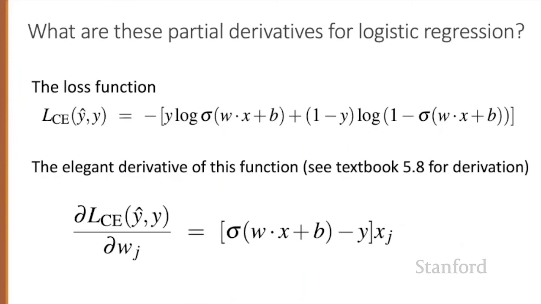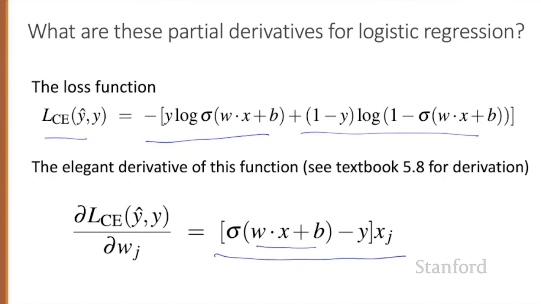In order to update theta, we need a definition for that gradient. And recall that for logistic regression, the cross entropy loss function is negative y log sigma of wx plus b, plus 1 minus y log of 1 minus sigma of wx plus b. Now it happens that the very elegant derivative of this function is simply sigma of wx plus b minus the true y, all times the input value x.